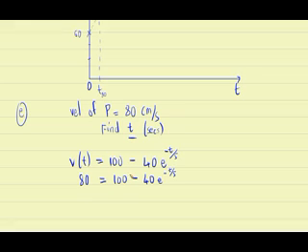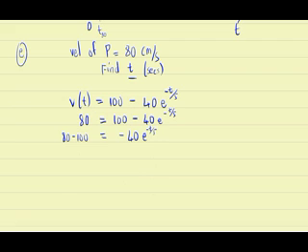Bringing the 100 over to this side, we have now 80 minus 100 equals minus 40 e to the minus t on 5. Just make a bit more space for ourselves there. So now minus 20 equals minus 40 e to the minus t on 5.